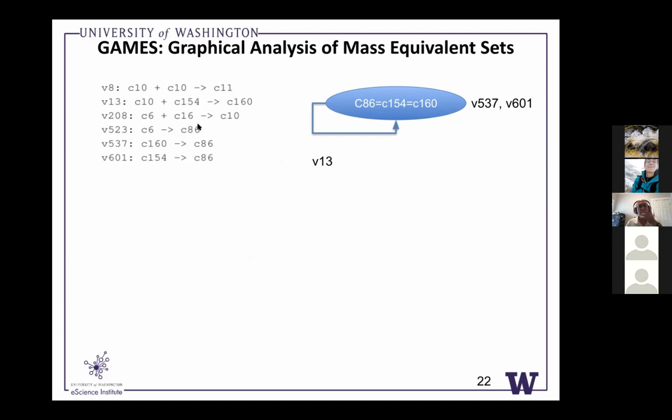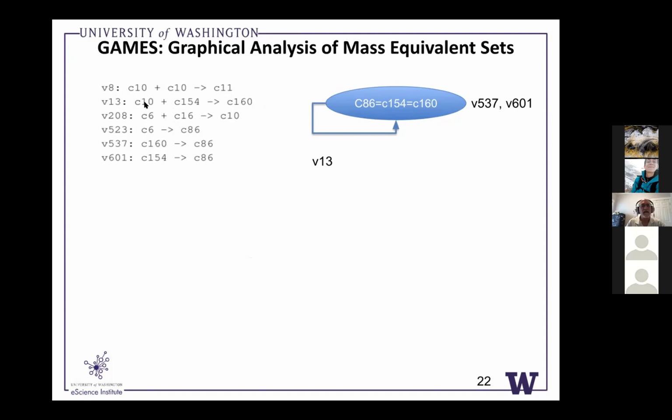And the arc indicates inequality. So I have an arc whose origin is a reactant on the left-hand side and a product on the right-hand side. This really only works if it's uni-bi or bi-uni, because that gives you the inequalities you want.